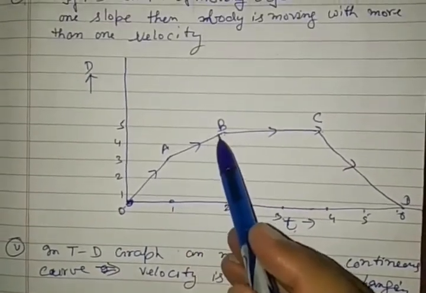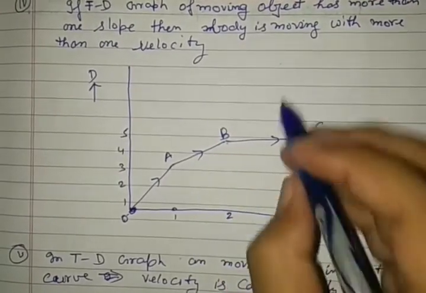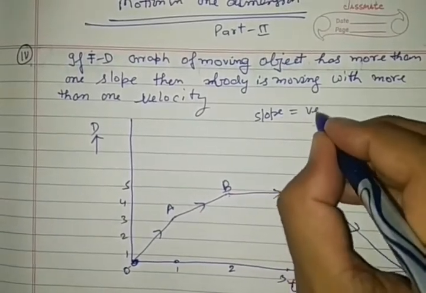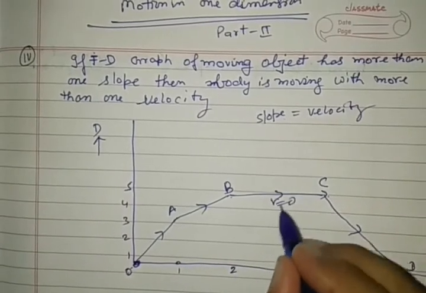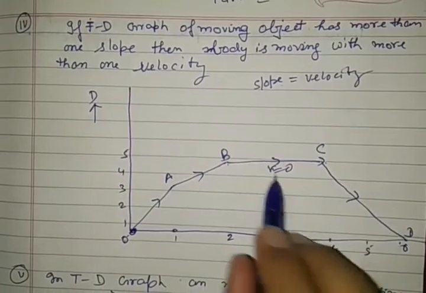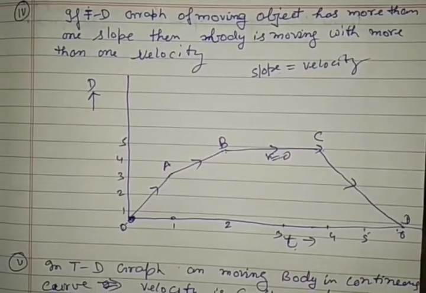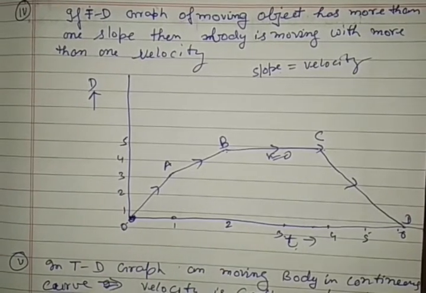Velocity changes due to change in slope, because the slope in the graph is velocity. Where the slope is 0, the velocity is 0. So see very carefully what this means.